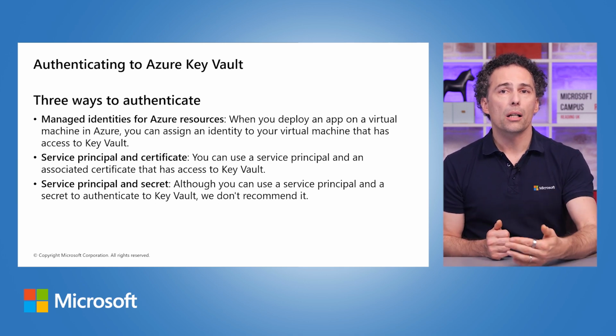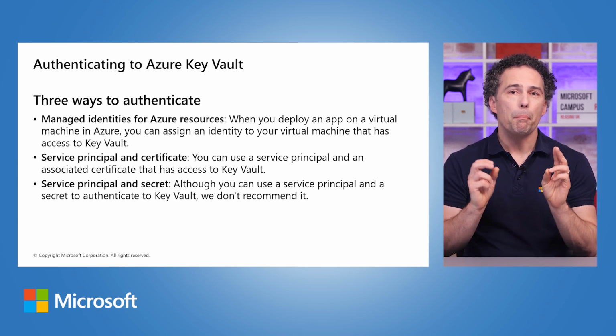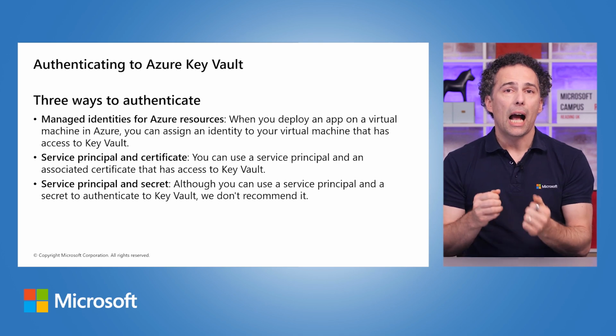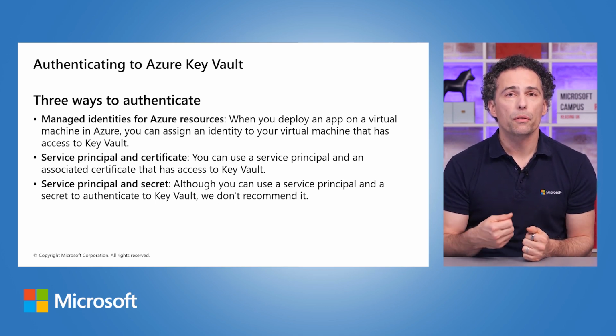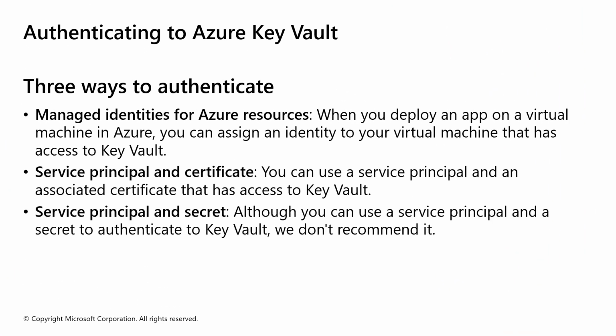You will then grant access to your key vault to this identity. It's managed, which means Azure automatically rotates the service principal client secret associated with the identity. We recommend this approach as best practice. Use it wherever you can.